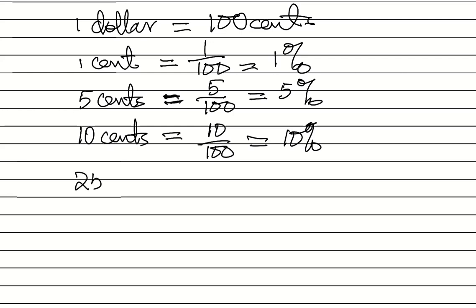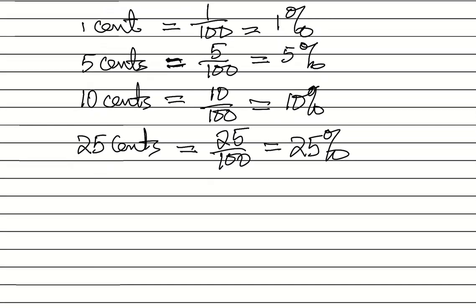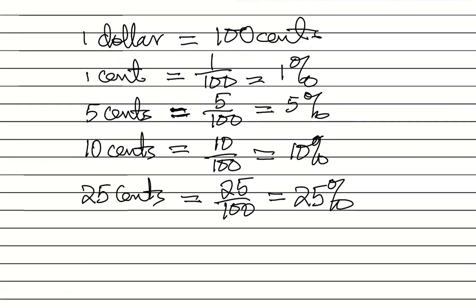A quarter is 25 cents, which is the same thing as 25 out of 100 cents. We usually write it 25%. I'm going to get into that in more detail as we go. That way you see what your money represents.